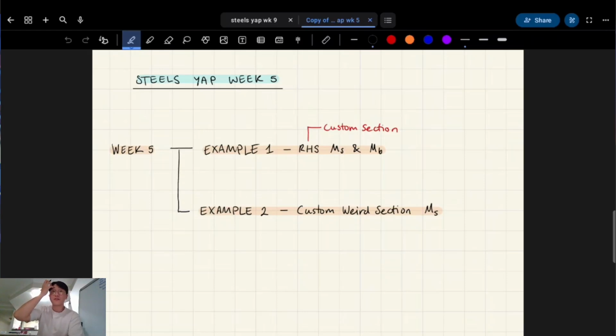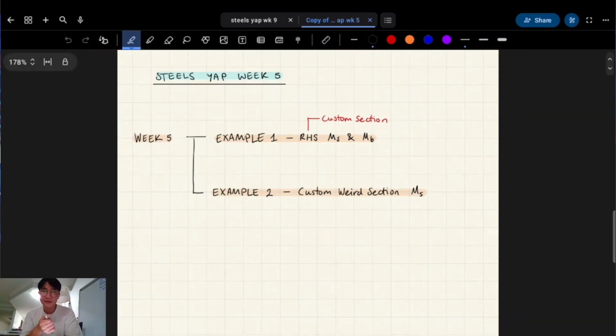Both of them are, I believe, from my assignment back in 2023. One is a custom section: a rectangular hollow section, and we want to find MS and MB.